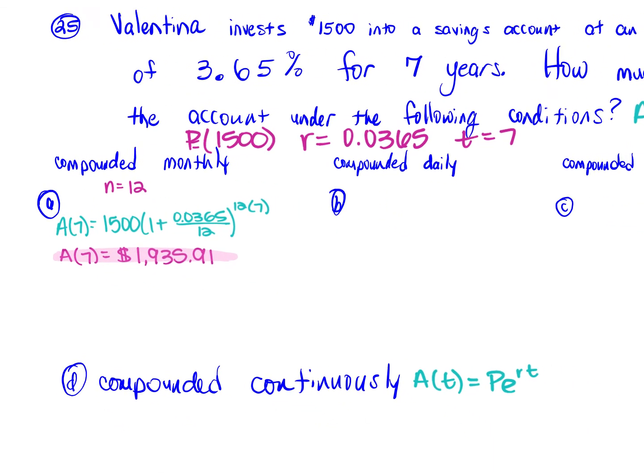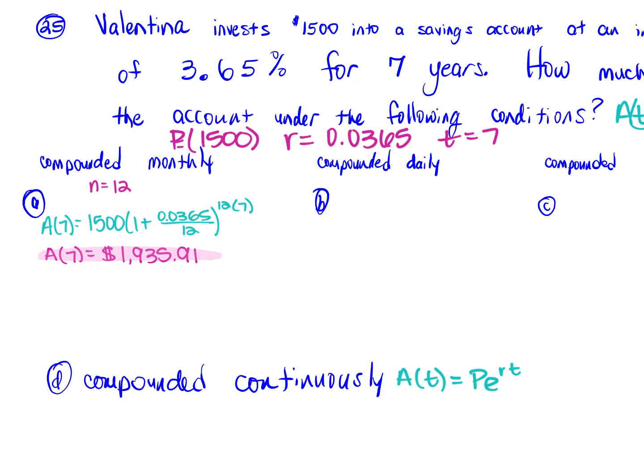For when you are compounded daily, your n is going to equal 365. So that's going to give you the formula A of 7 is equal to P, which is 1500, times 1 plus 0.0365 all over 365 to the power of 365 times 7.